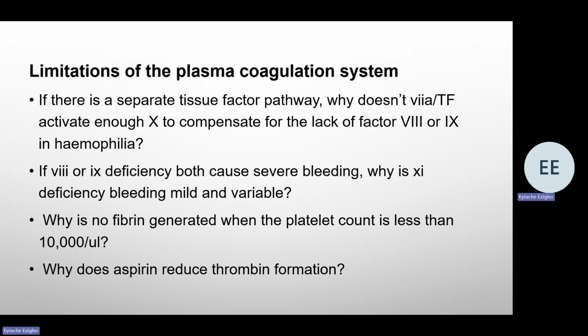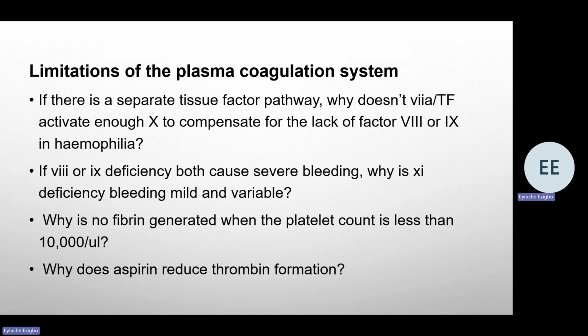Now, as the plasma coagulation mechanism depicts coagulation as extrinsic and intrinsic, if there's a problem in one arm of the coagulation pathway, the other arm should be able to cushion the effect. But we find out that it doesn't happen that way.